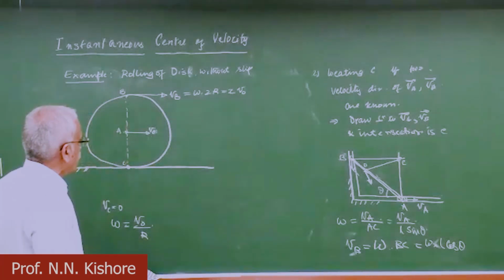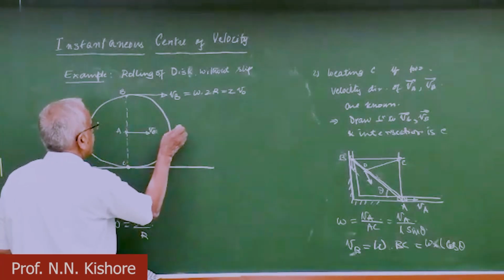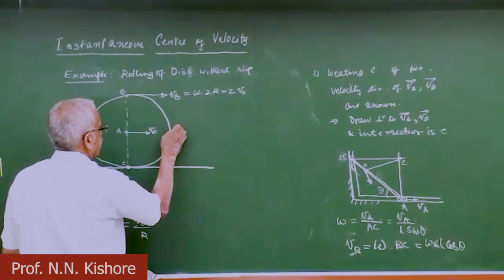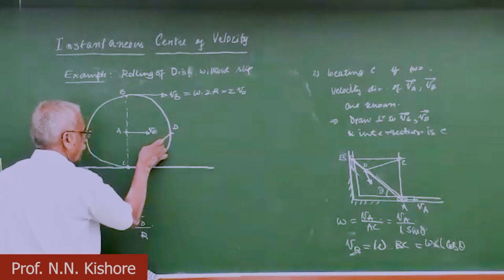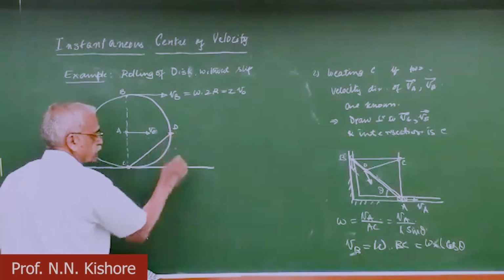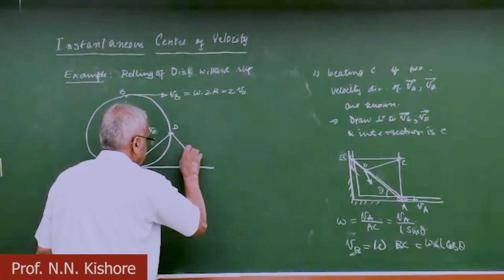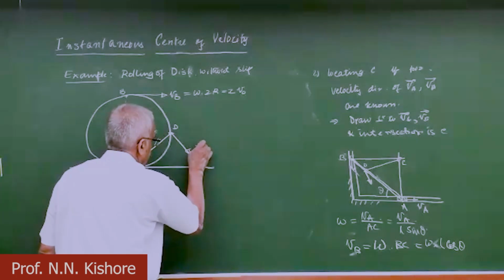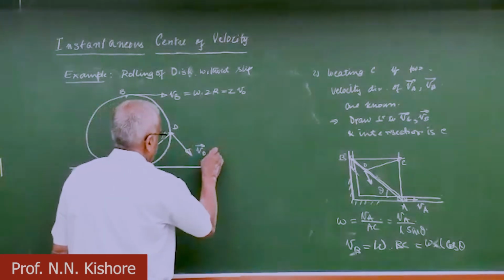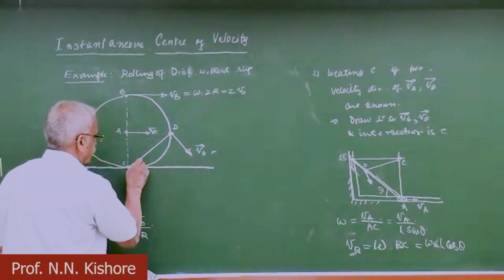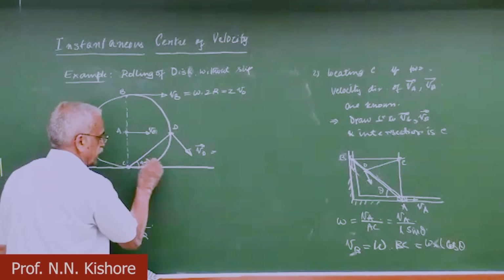Very simple. For that matter, you can even locate some other point D here. If you want to know the velocity of D, it is simply like this, perpendicular to CD, and if this is 45 degrees, we can very easily find out.